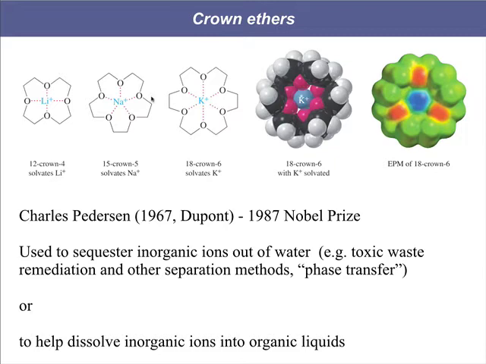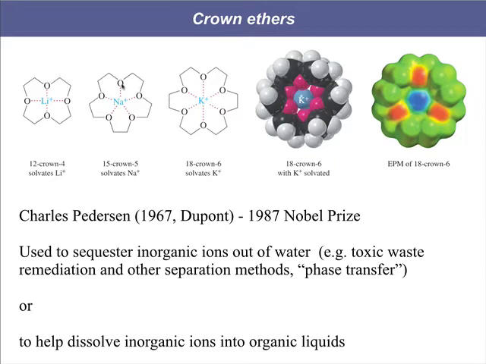The study of host-guest chemistry helped us understand how a lot of biological processes go, as far as the lock and key model that you learn about with enzymes, things like that. So understanding it from a simple perspective for crown ethers, being able to sequester ions out of a certain type of solvent, led to a much more sophisticated understanding of biological processes.